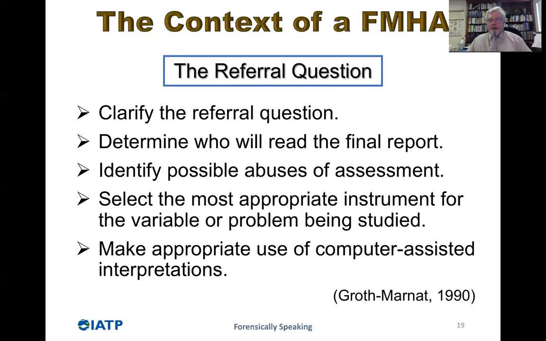I have read a number of reports by clinicians that wholesale take the entire PAI or Millon and simply dump it into a forensic mental health assessment. There has to be an appropriate use of how you use the printout that you received from the computer test.